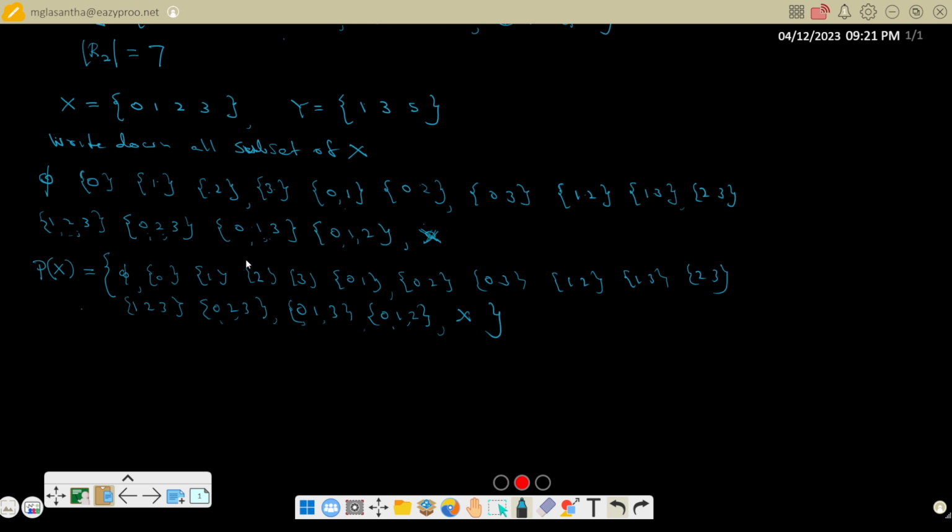The power set consists of all the subsets of X.